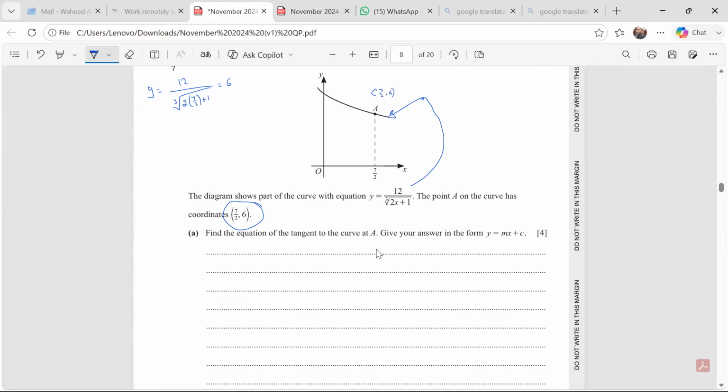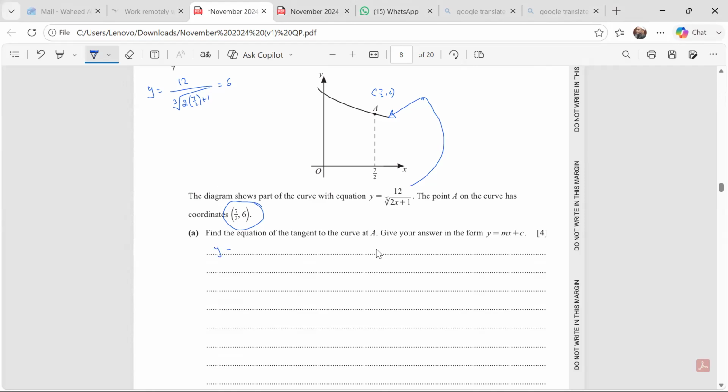Find the equation of the tangent to the curve at this point A. If you want to find the tangent line to this given curve, you have to find the slope of the curve at this point. How do you find the slope? By differentiating this equation.